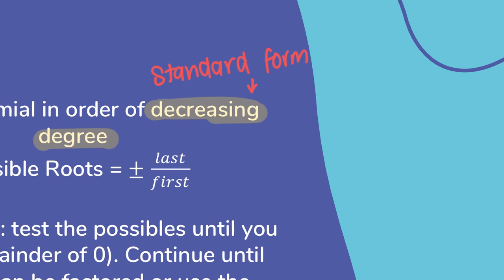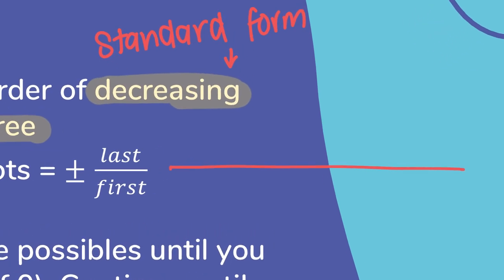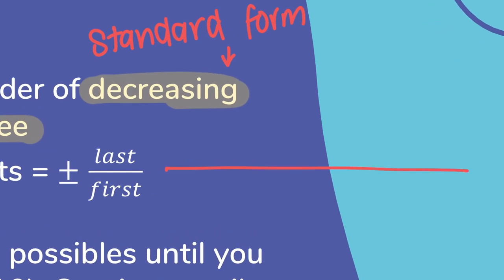And what do we mean by last and first? We mean you are going to take the factors of the last term. Please make sure you're writing this down. You are taking the factors of the last term, and you are also taking factors of the leading coefficient.